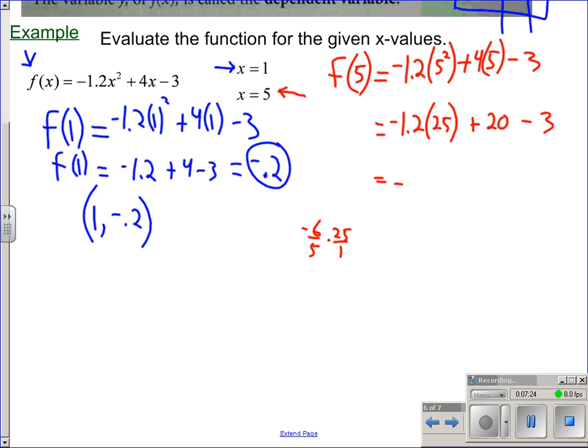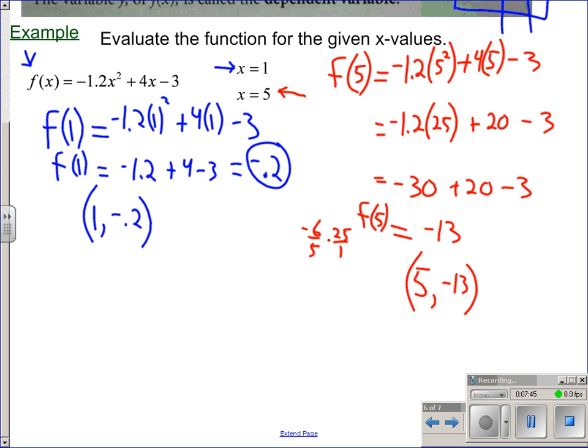We get negative 30 plus 20 minus 3. And that puts us at a negative 10, negative 13. And so what we're looking at, the function f at an x value 5 equals negative 13. Just a point. x value 5, y value negative 13. That's function notation. The name of the function is this letter. You plug in a certain x value, it gives you the y value.